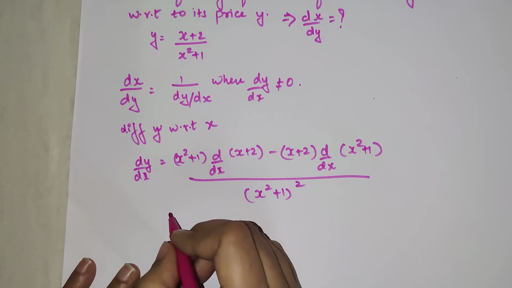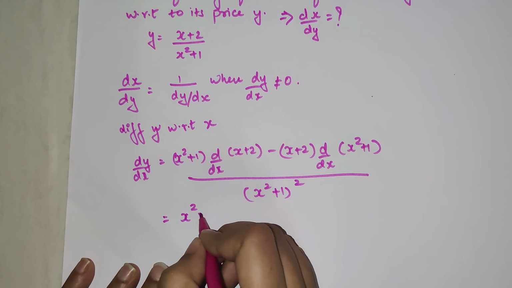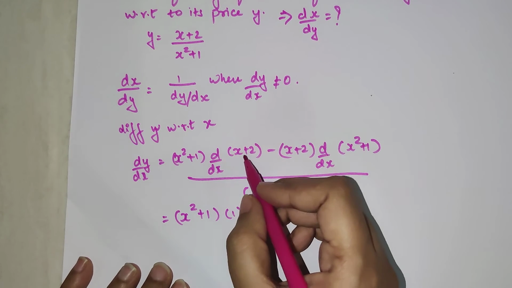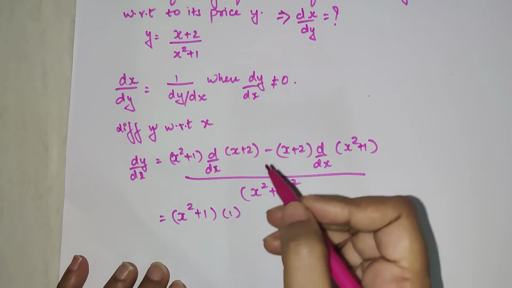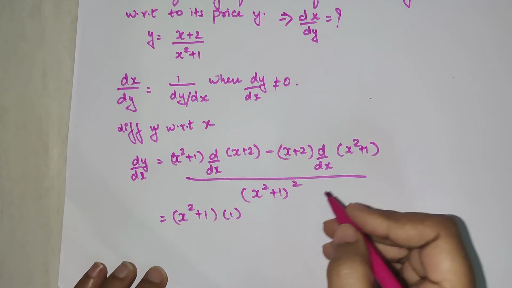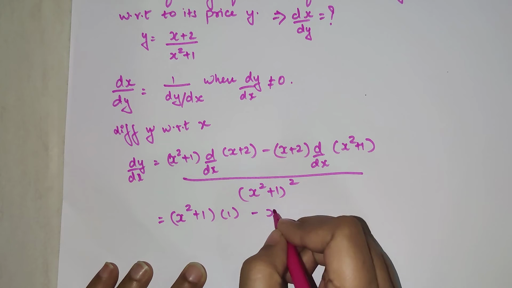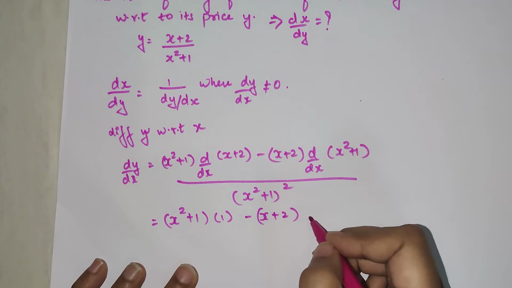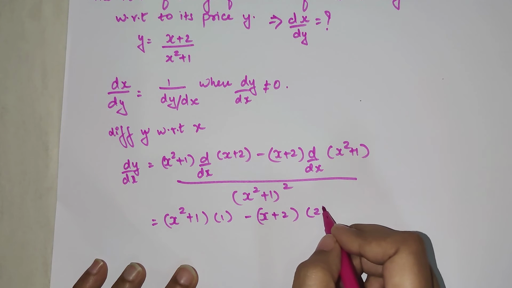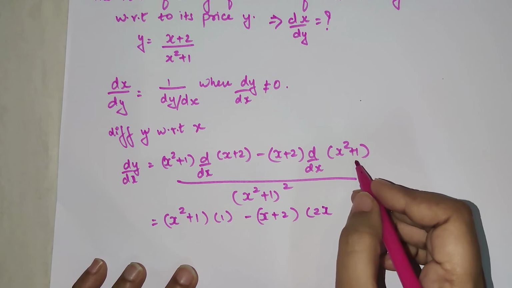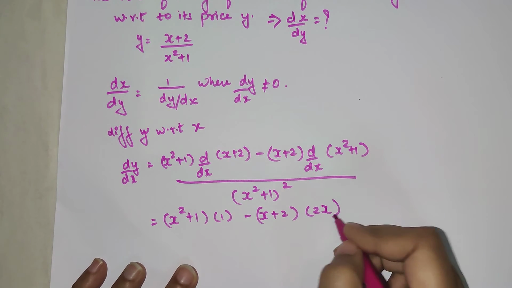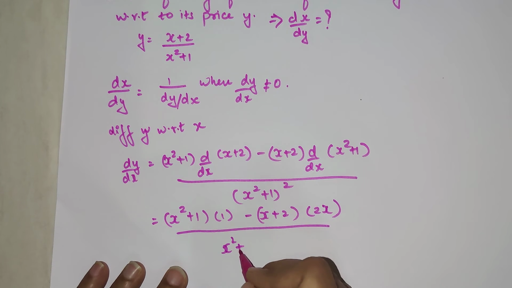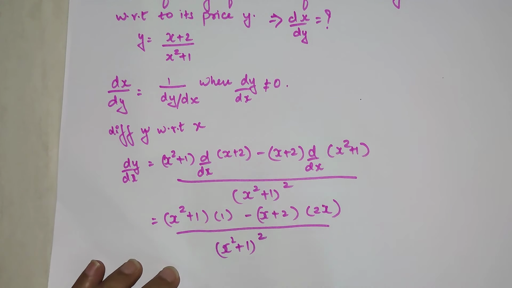Okay, so here we can say x square plus 1 into 1, because differentiation of x is 1 and 2 is a constant, so differentiation of a constant we know is 0, minus x plus 2, we'll keep it as it is, and differentiation of x square is 2x, differentiation of plus 1 will get you 0, so we'll just keep it 2x, the whole thing divided by x square plus 1 the whole square.